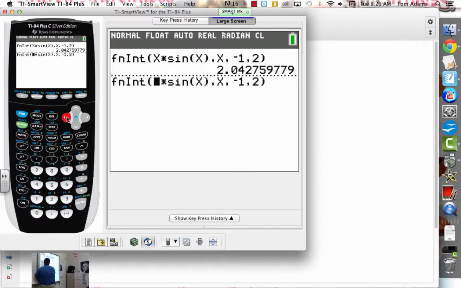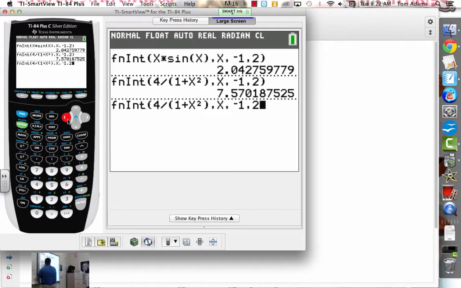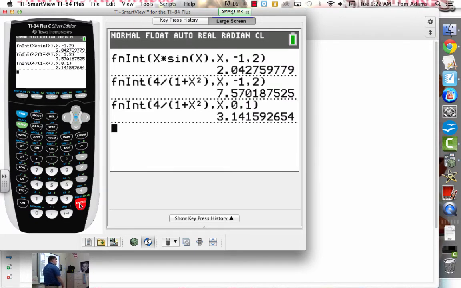I had 4 divided by the quantity 1 plus x squared. Oh, I goofed up, didn't I? I have to change the boundaries, don't I? So from 0 to 1. All right, there it is, 3.14.